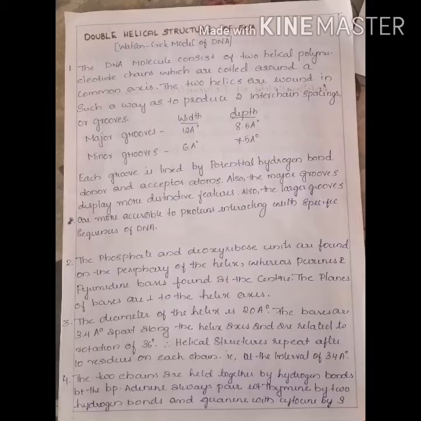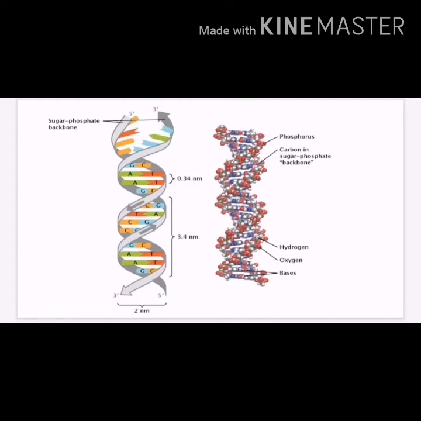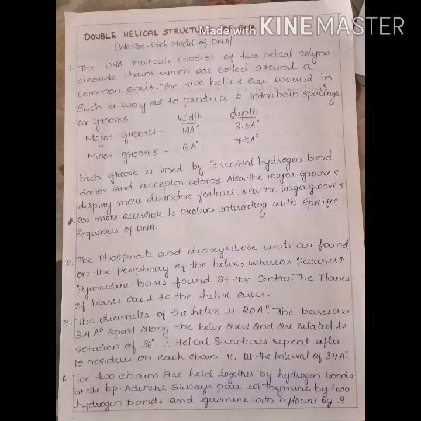Next point, the phosphate and deoxyribose units are found on the periphery of the helix, whereas purine and pyrimidine bases are found at the center. The planes of the bases are perpendicular to the helix axis, whereas the planes of the sugars are almost at right angles to those of the bases. The diameter of the helix is 20 angstrom.